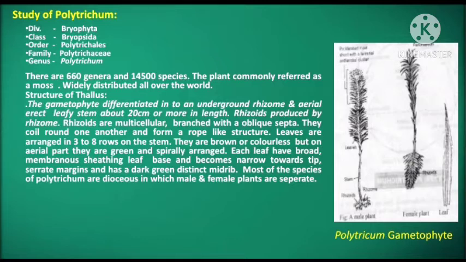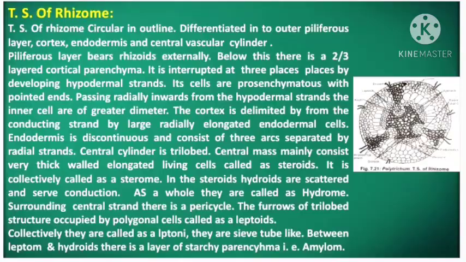The leaf shows a serrate margin and has a dark green distinct midrib. Most species of Polytrichum are dioecious, in which male and female plants are separate.